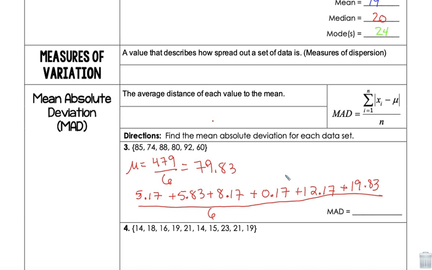So I'm going to do that up here. That's 51.34 divided by 6, which is about 8.56.